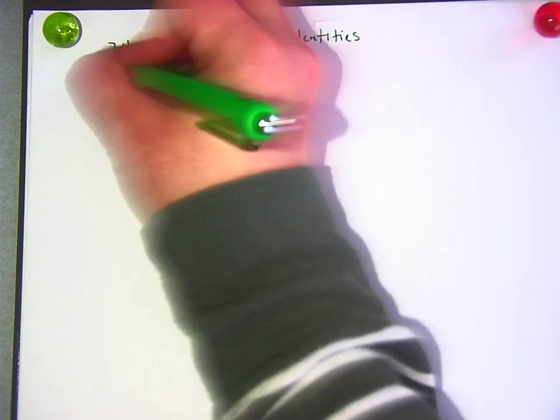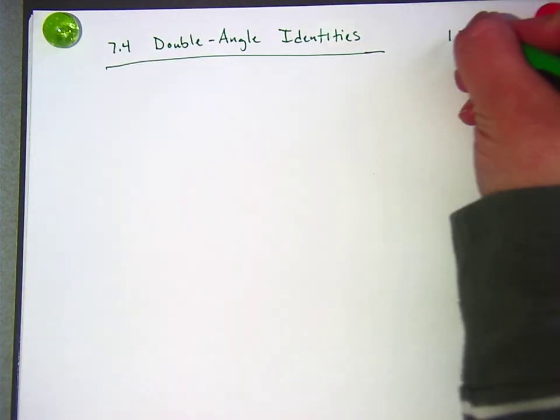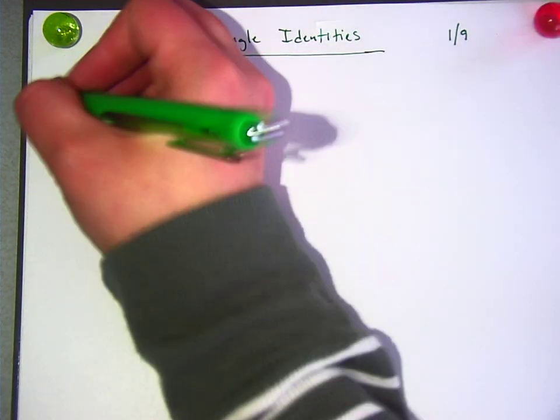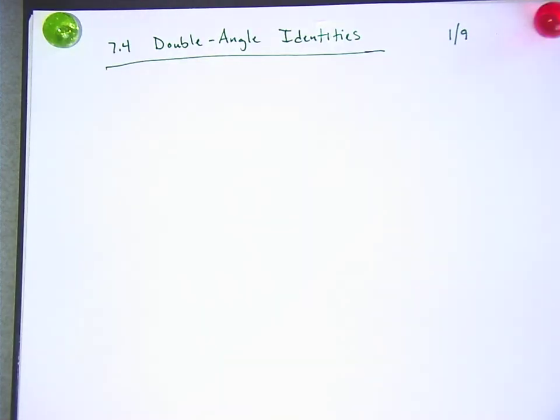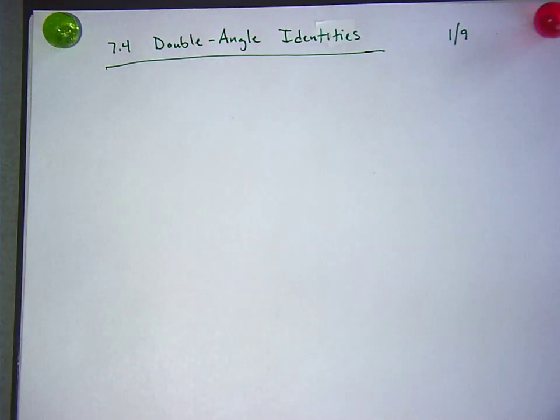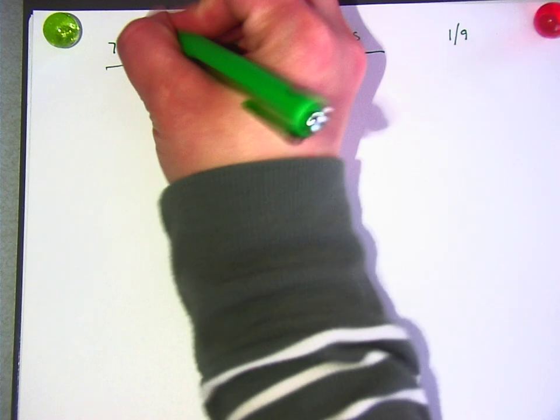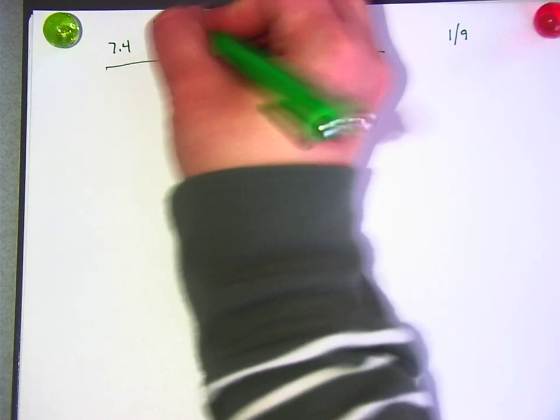All right, so we're going to do 3 formulas today. And no, we're doing double angle and half angle identities, so I guess you can write half angle identities up here too.